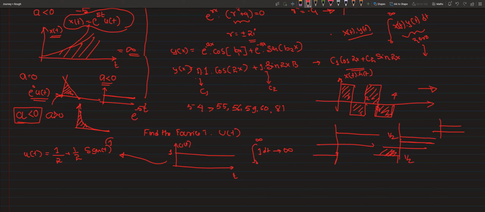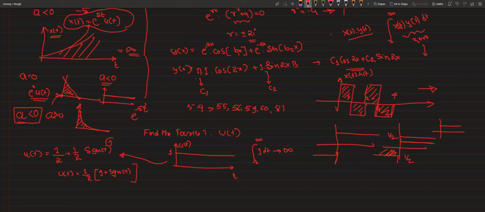Now I can also represent this u of t as 1 by 2 into 1 plus signum of t.